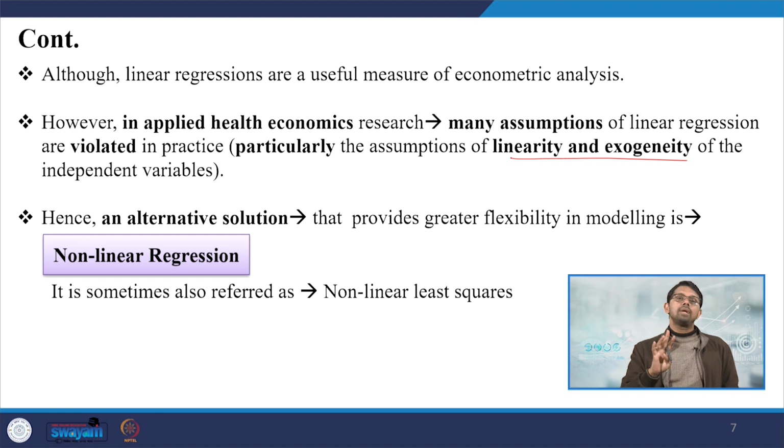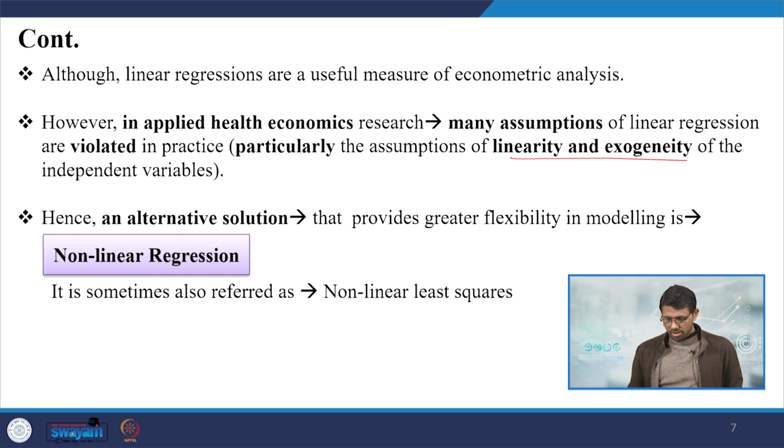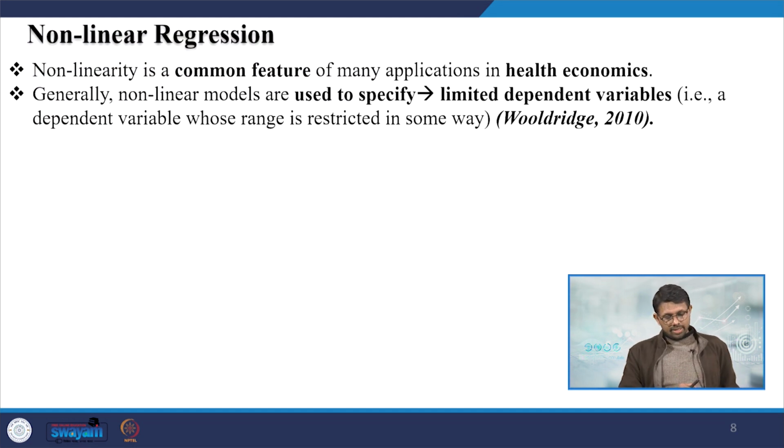Since there is some bias and there are some challenges with the assumptions, there is an alternative solution that provides greater flexibility in modeling. Hence, we have to follow nonlinear regression, sometimes referred to as nonlinear least square regression. Okay. Nonlinearity is a common feature of many applications in health economics.